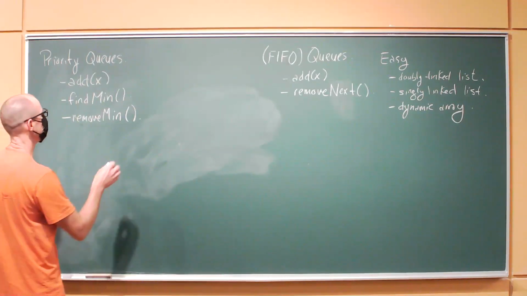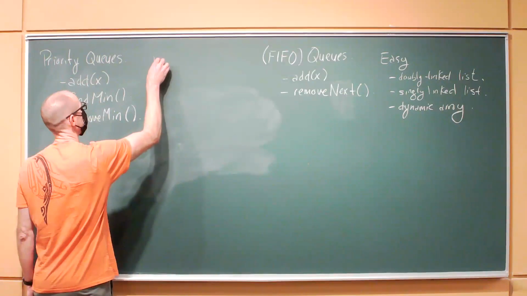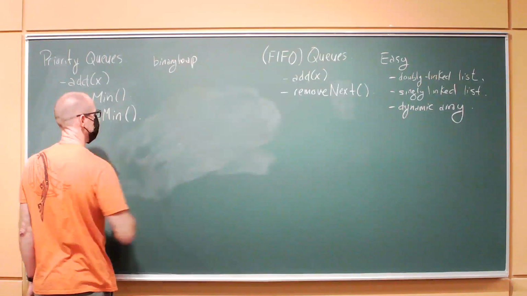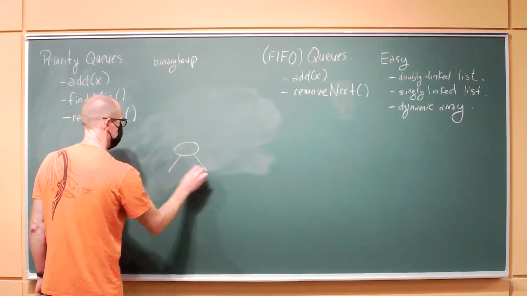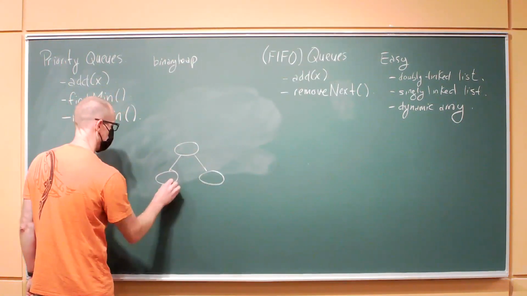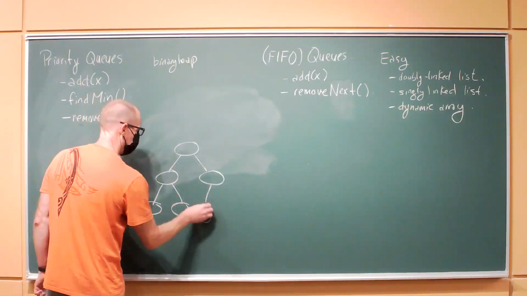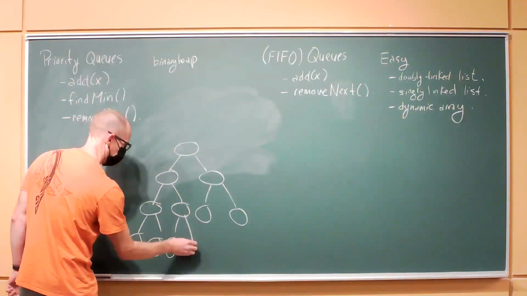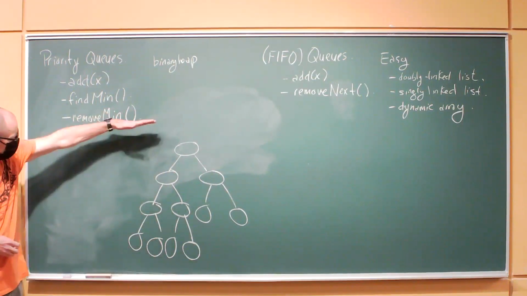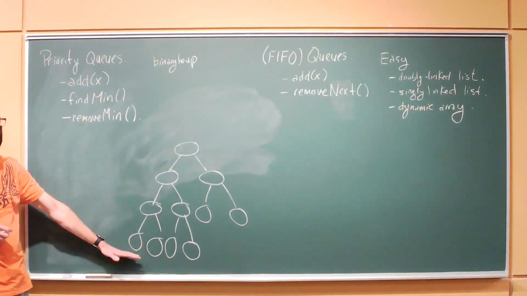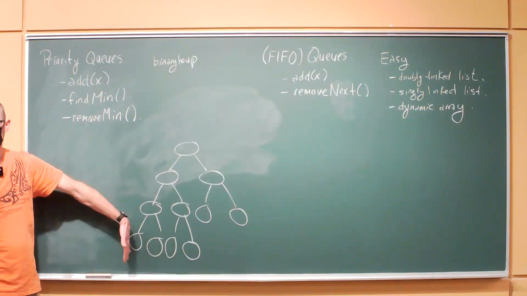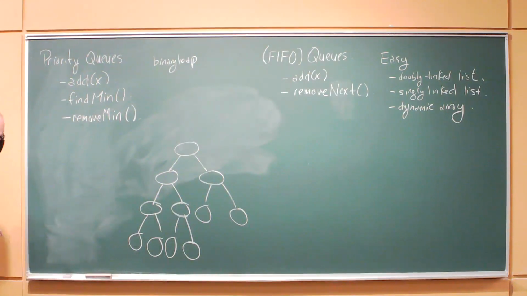The usual implementation that you see for priority queues is the binary heap. That is the most common implementation, a perfectly balanced binary tree. Every level has as many nodes as possible, except for the bottom level, and even the bottom level packs all of the nodes into the leftmost children, as far left as possible.